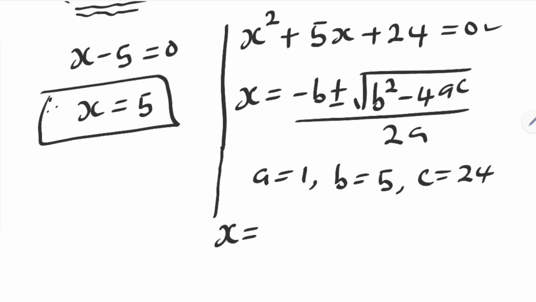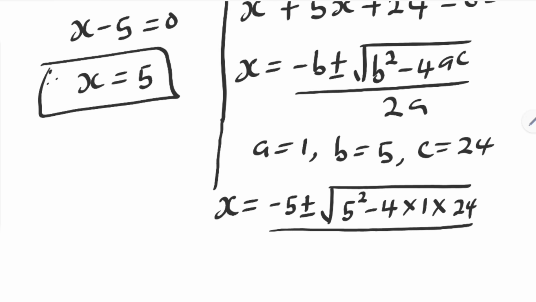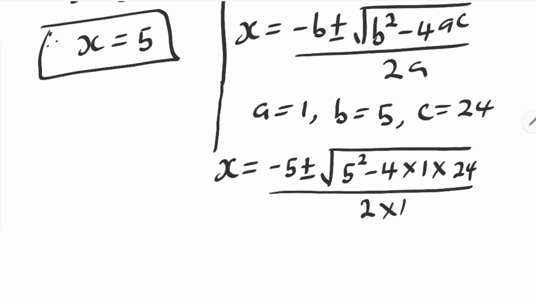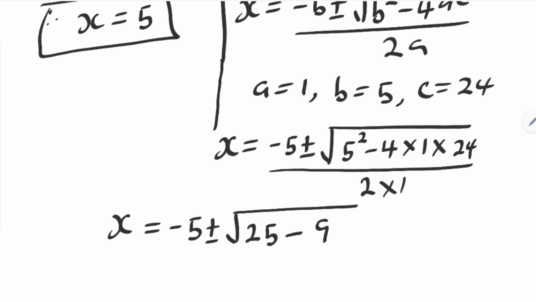So s is equal to minus 5 plus or minus square root of 5 square minus 4 multiplied by 1 multiplied by 24, that is 96, over 2 multiplied by 1.